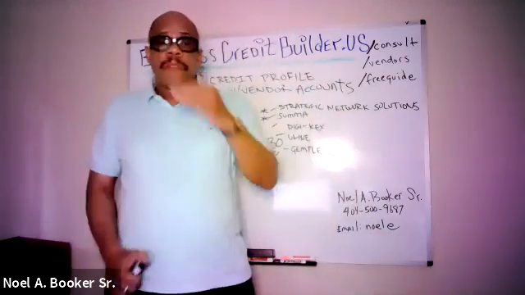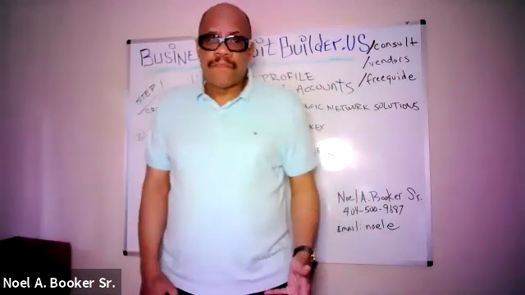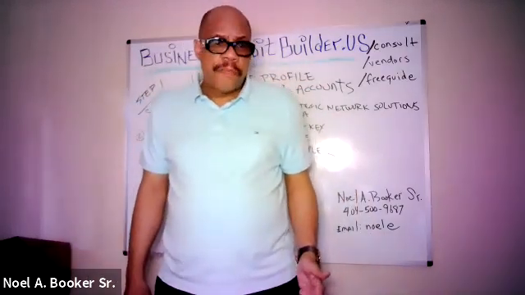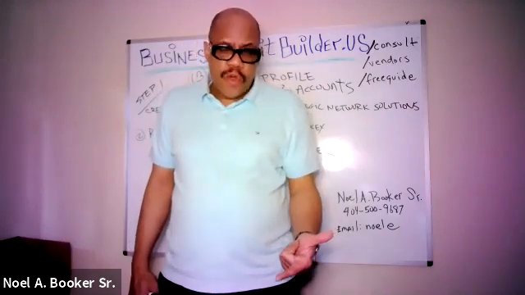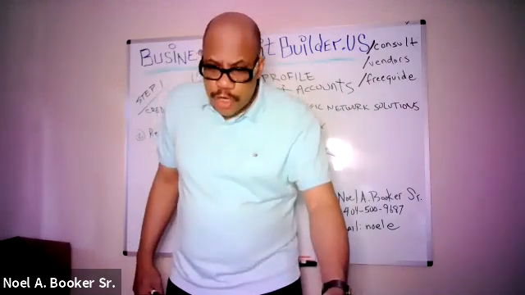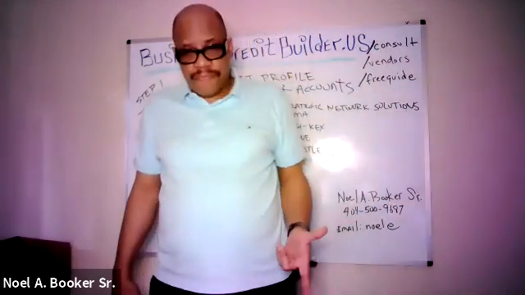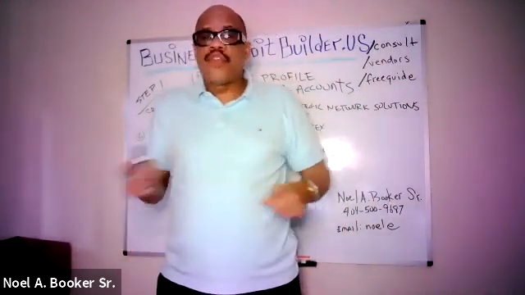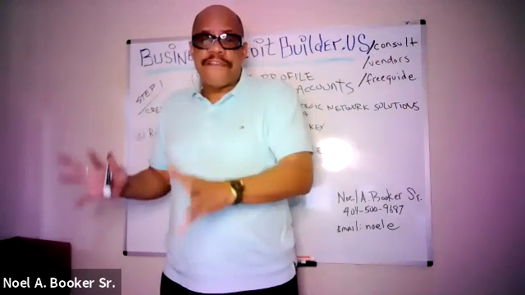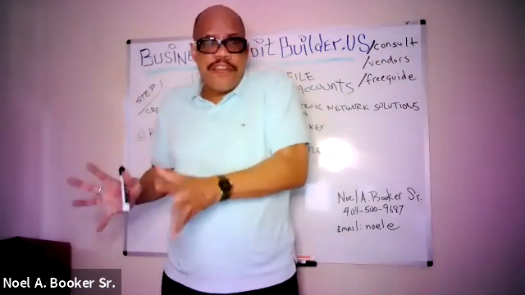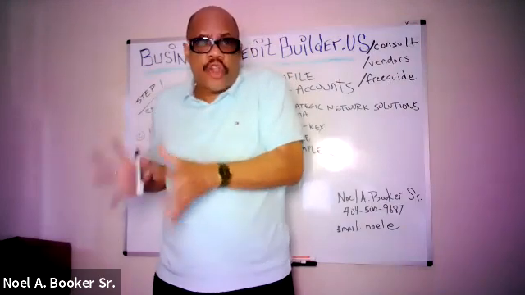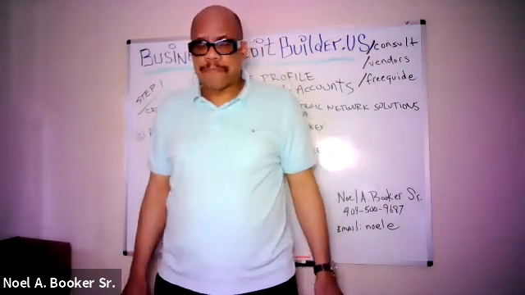So these vendor accounts, you're going to look for them and find the ones that will give you a little bit of credit and they report. These are the two things that you need to find in a vendor in order to start your business credit profile.